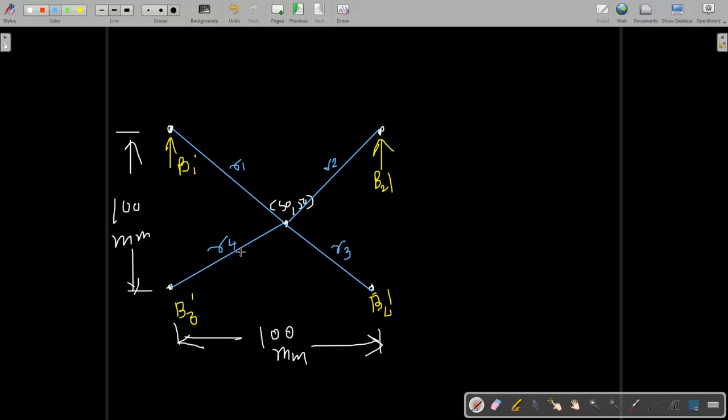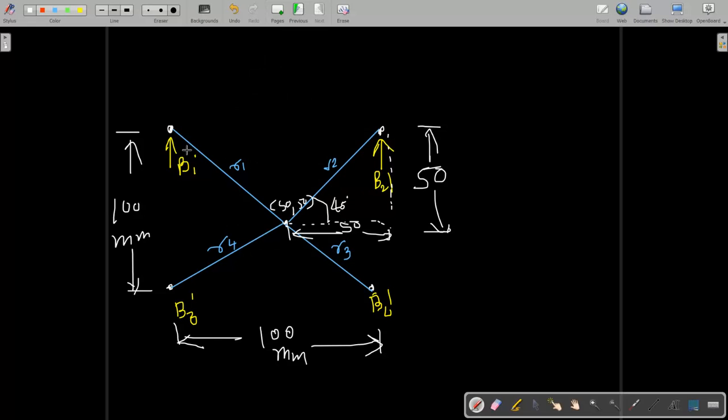We have to find the length of each. So how can we find? Just using geometry. This distance is 50 and this distance is also 50, horizontal distance. So this angle will become 45 degrees theta, because tan theta becomes 1 when theta is equal to 45.